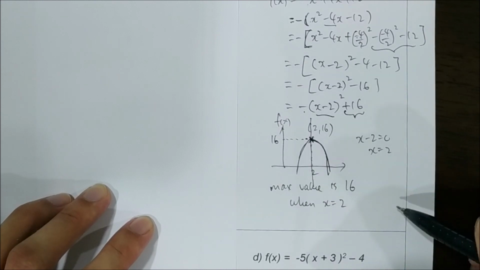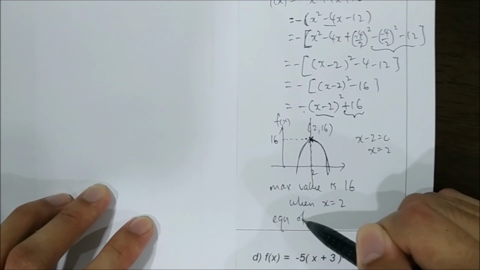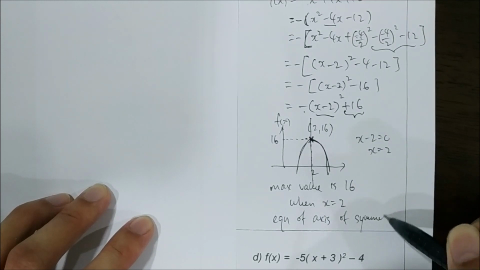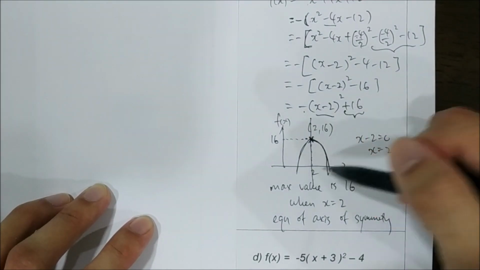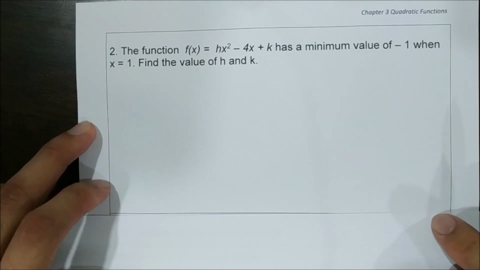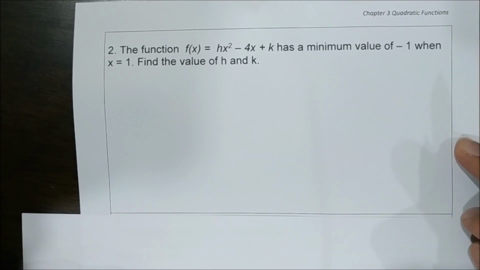The equation of this line, or the equation of the axis of symmetry, will be x equals 2.